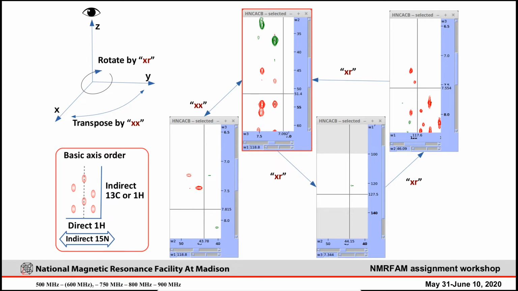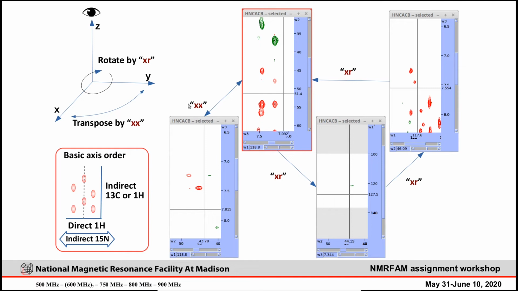If you have 3D data, you will have another scroll bar down here. Then you can change the order of the dimensions that you want to see. You can change it by rotation and transpose. Rotation is XL.